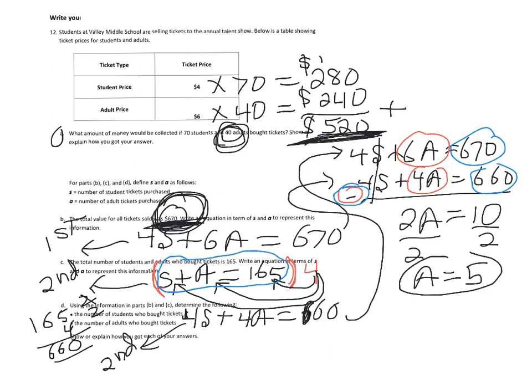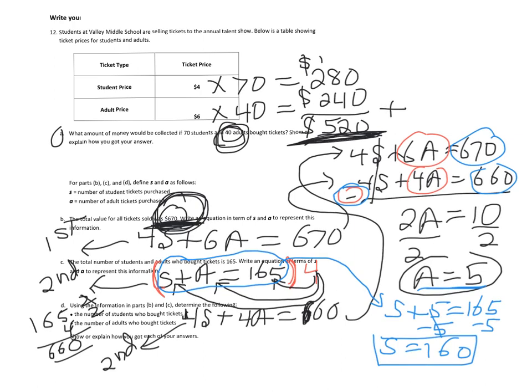So I'm going to bring it over here and plug in A: S plus A, which is 5, equals 165. You subtract 5 from both sides, so S equals 160. There you go.